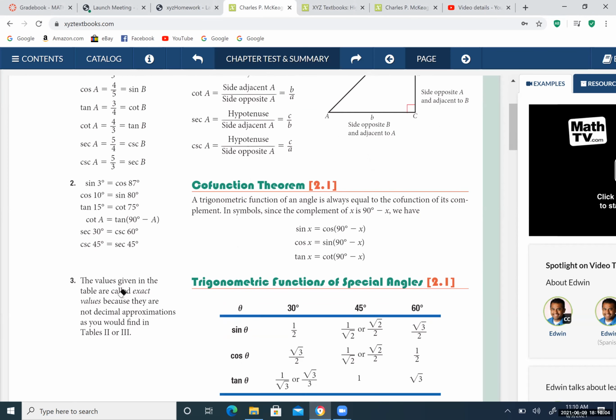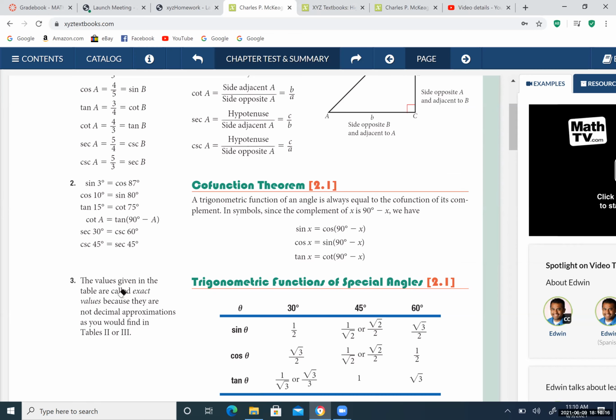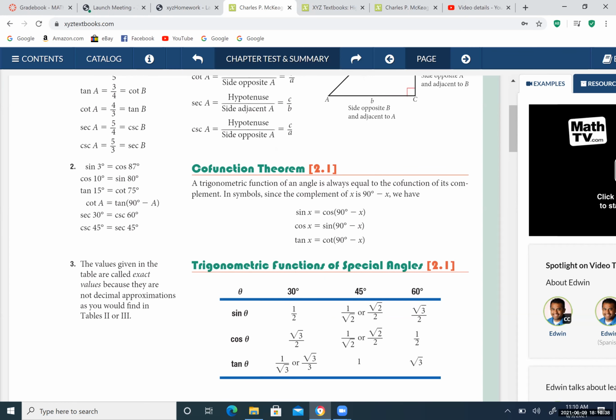The co-function theorem helps us figure out the complements of something. You learned complement angle and supplement angle in chapter 1, and this is given to us about co-functions of the angle. You can write this down if you want, because I believe there are some questions on this as well.